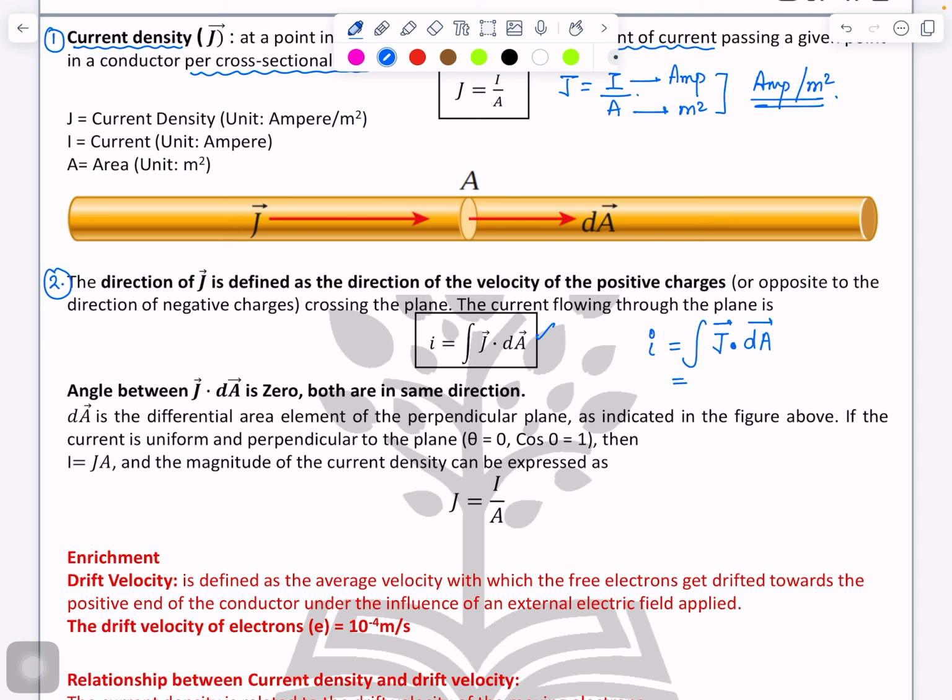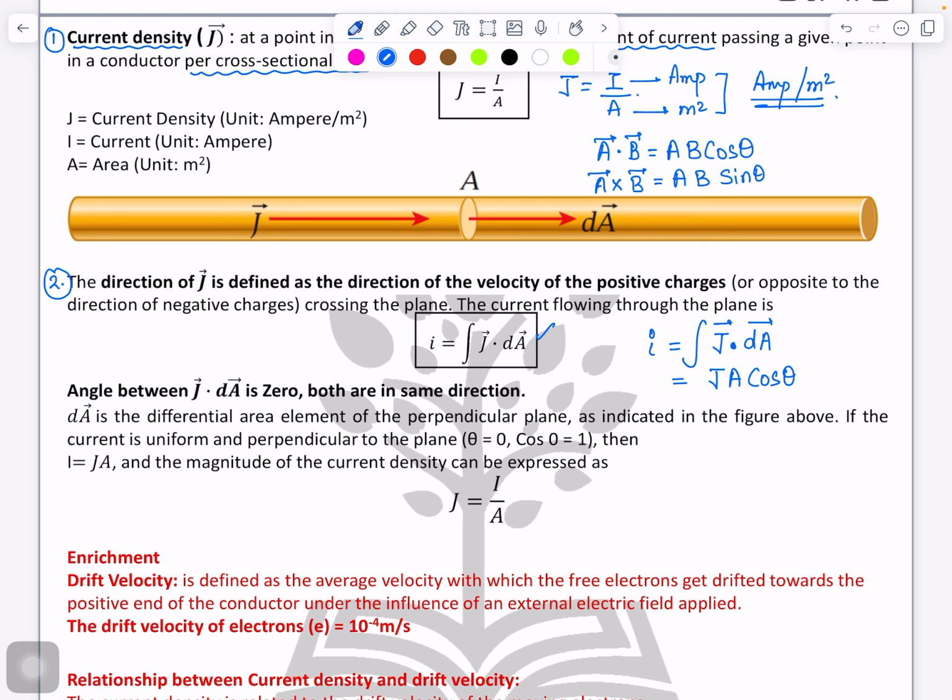So can I say J A cosine theta? As we know for the dot product, I'll write the formula for you. A vector dot B vector equals A B cos theta. And we have another one: A vector cross B vector equals A B sine theta.